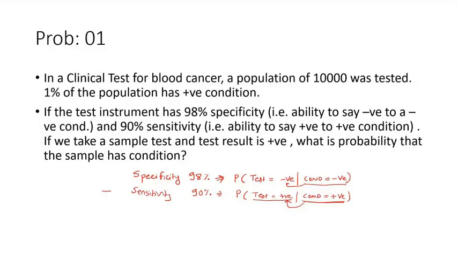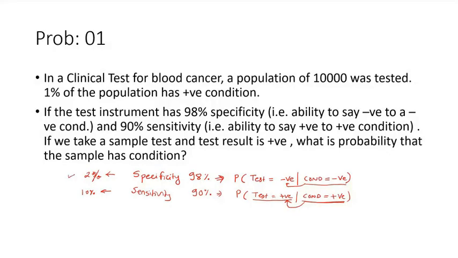So you can say that there is a 10% chance that even if you have a disease, this instrument will not detect it. Okay, and there is a 2% chance that even though you have a negative condition, this machine will say you have the condition. Say there is no corona, but still this machine will say there is corona. So you can see the complications of this kind of instrument, socially, when somebody does not have cancer and it is being said that you have cancer.